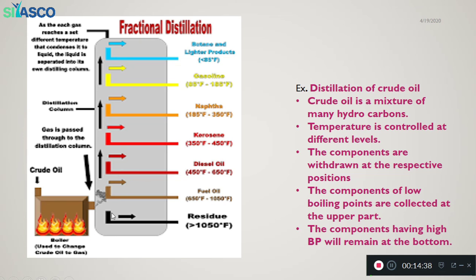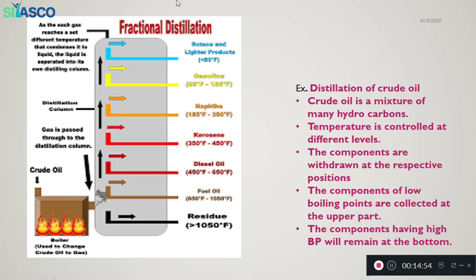Temperature is controlled at different heights and the components are withdrawn at the respective positions. The components of low boiling points are collected at the upper part and the high ones from the lower part.